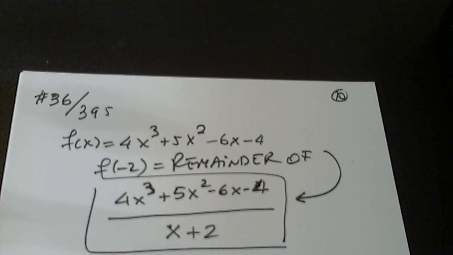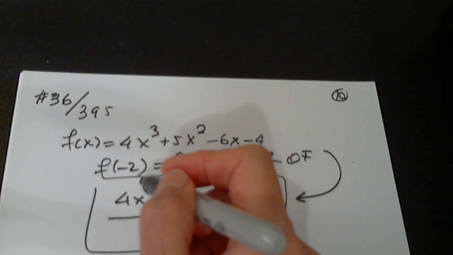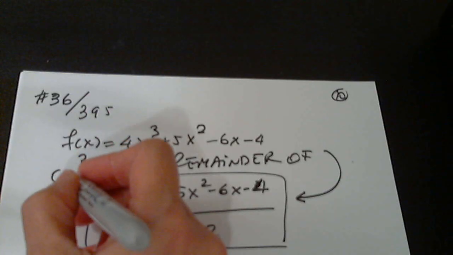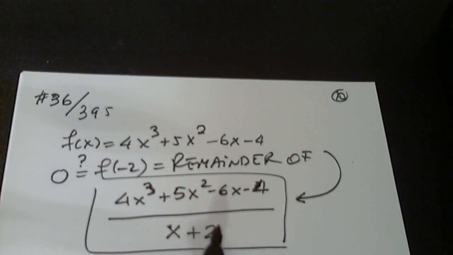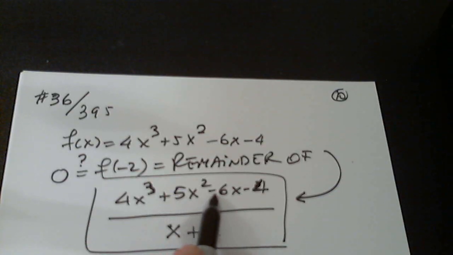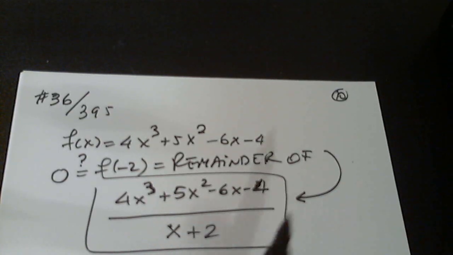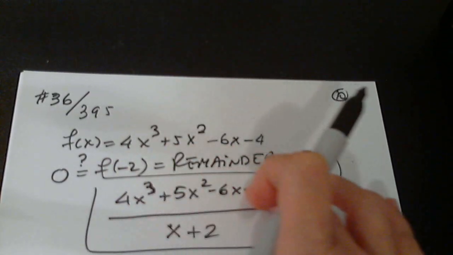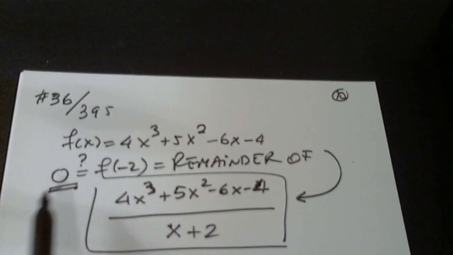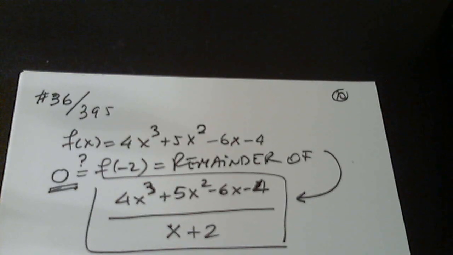That's what it is. If this number, f of negative 2, equals 0, what will you say about x plus 2 for 4x cubed plus 5x squared minus 6x minus 4? What will x plus 2 represent if, I don't know yet, if it is 0? Exactly. And this is a very powerful theorem.